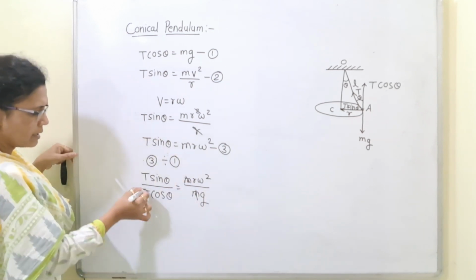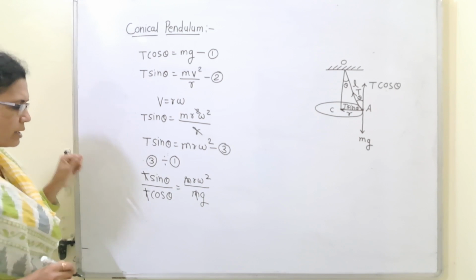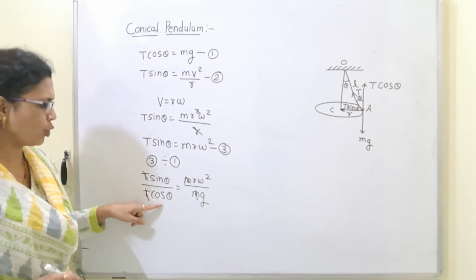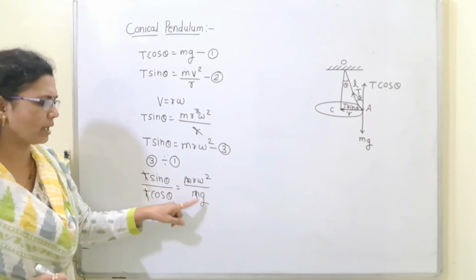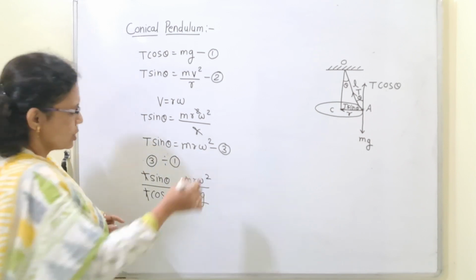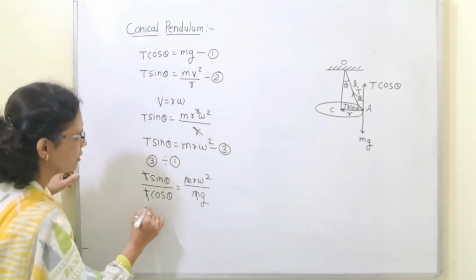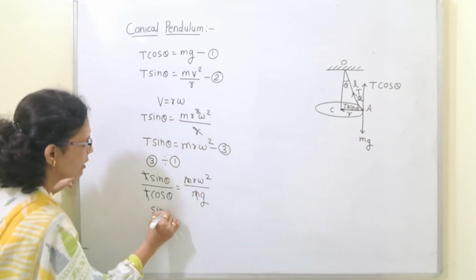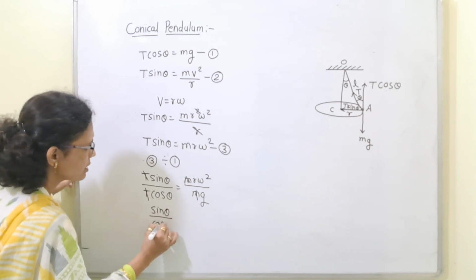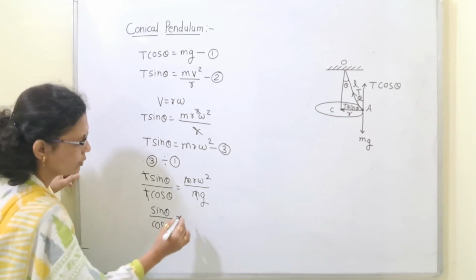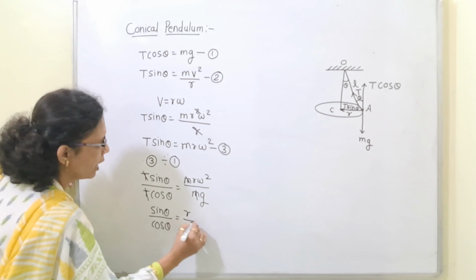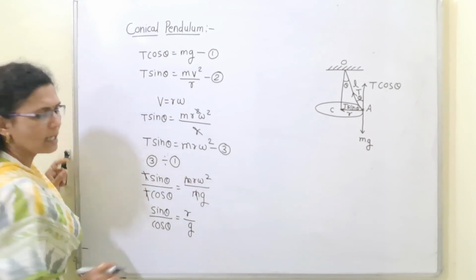This T gets cancelled. What is the remaining part? It is sin theta upon cos theta is equal to r omega square upon g. So, I will write this here: sin theta upon cos theta is equal to r upon g into omega square.